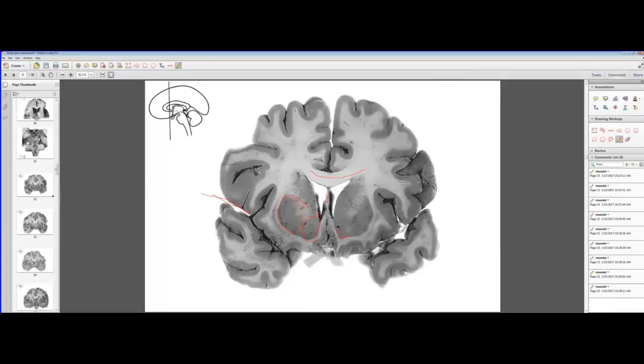Now we're into module 6, so we should start being able to tell vessels. We have the optic chiasm here. This vessel in here is going to be the middle cerebral artery over here.